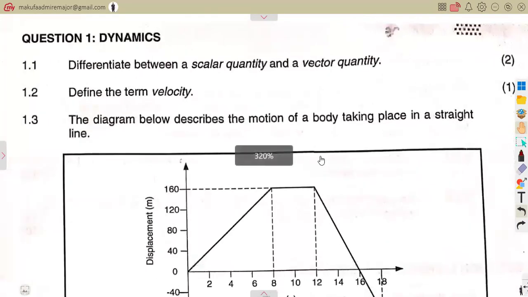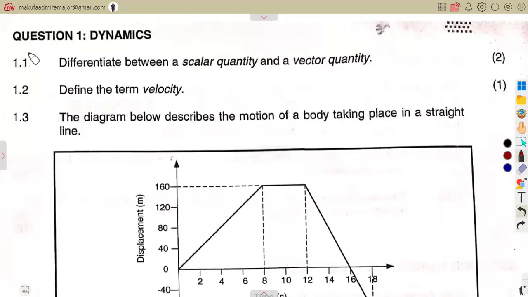So the first question is on dynamics, 1.1: differentiate between a scalar quantity and a vector quantity.